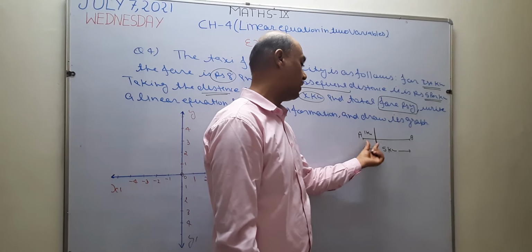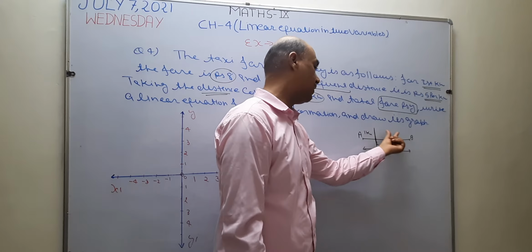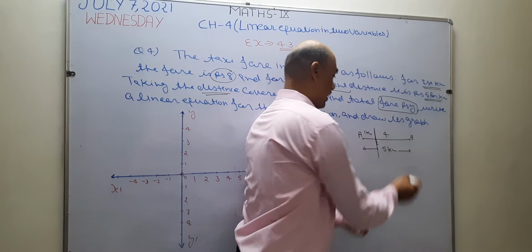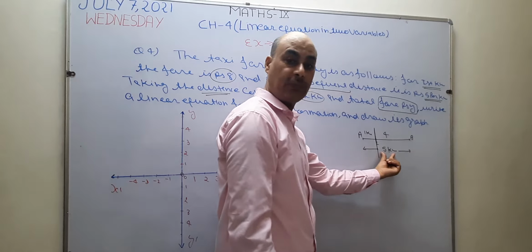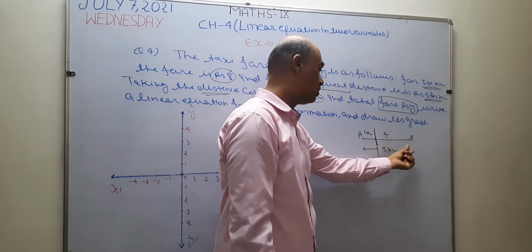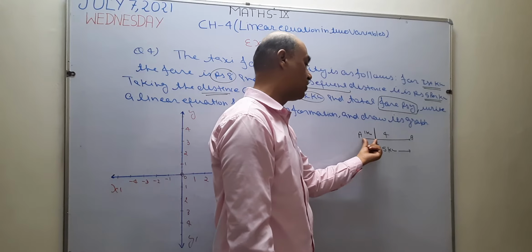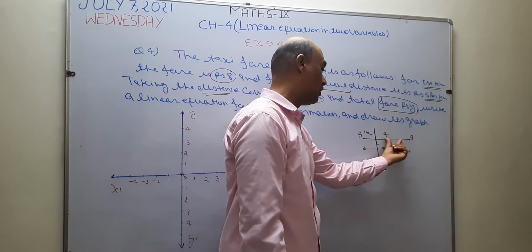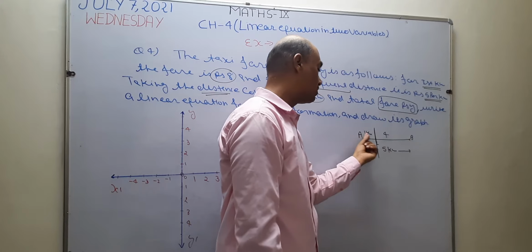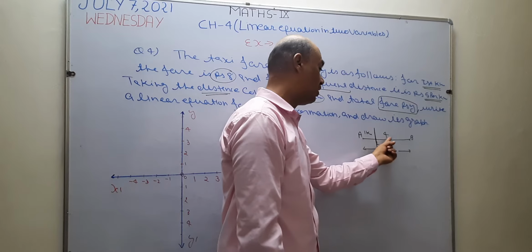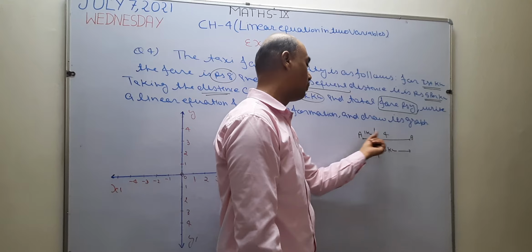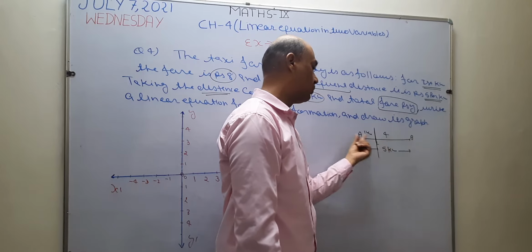If this is 1 kilometer and the total distance is 5, the remaining distance is 4, and 4 plus 1 becomes 5. So the remaining distance is 5 minus 1, which equals 4, and you can check 4 plus 1 is equal to 5. The total distance becomes 5.